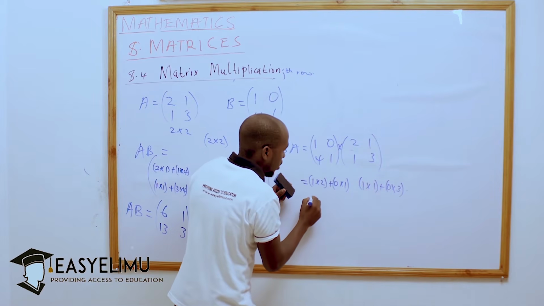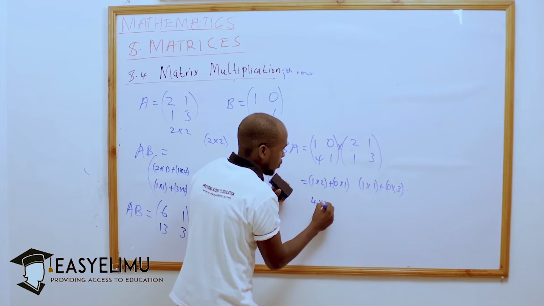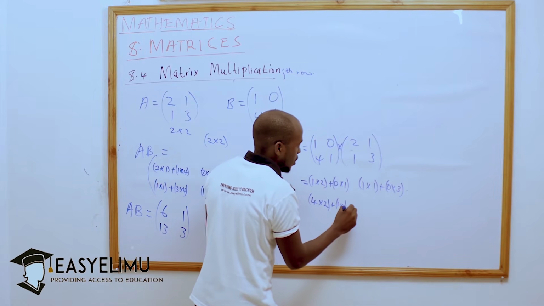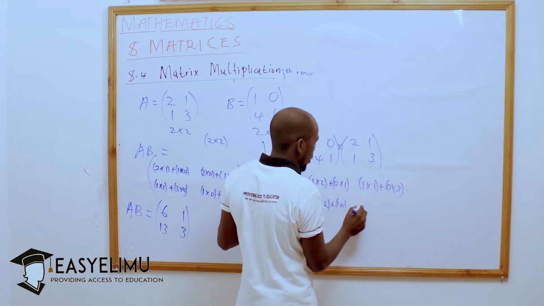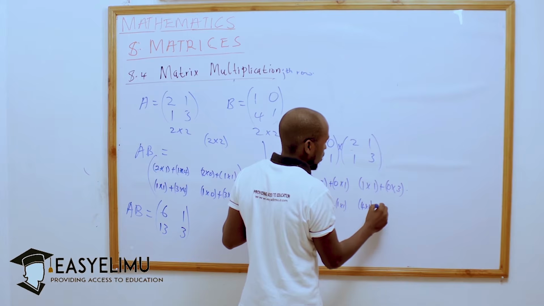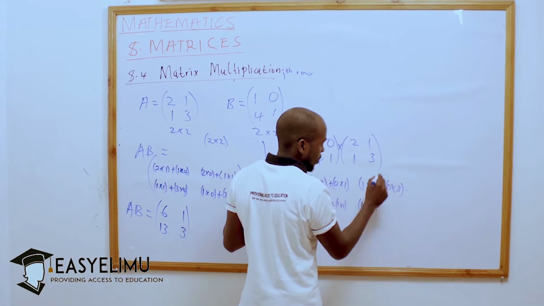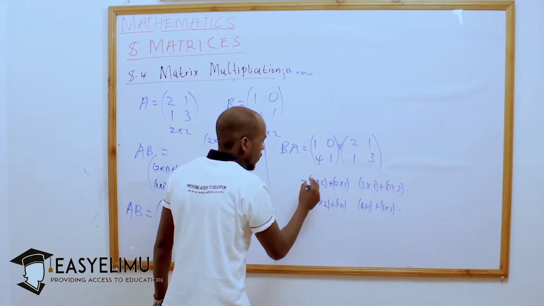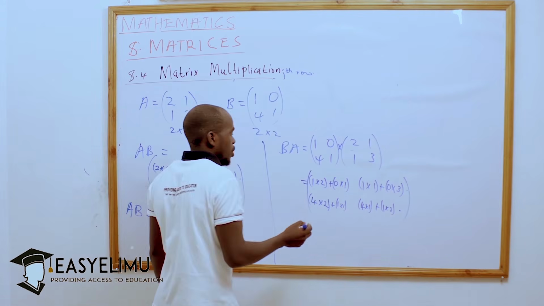At the lower side, it will be 4 by 2 plus 1 by 1, and the other side will be 4 by 1 plus 1 by 3. So that is what we are going to have, and this is the matrix of BA.